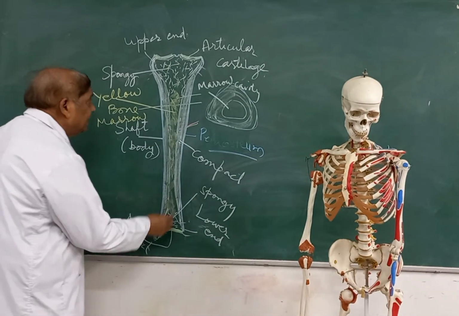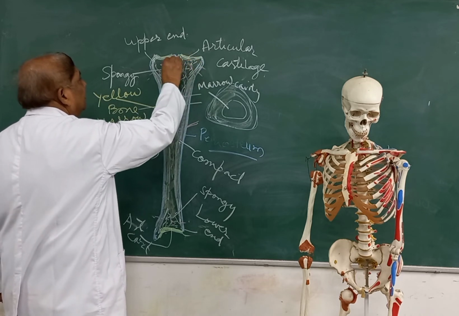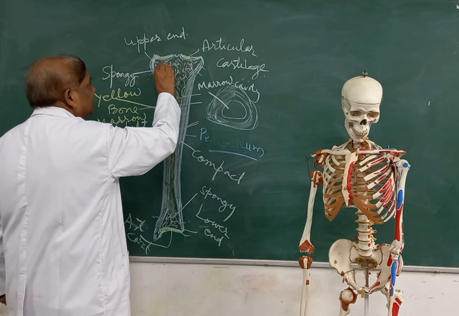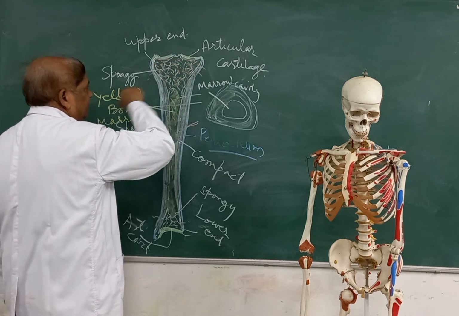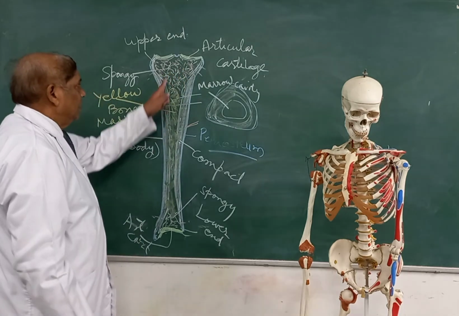At the ends where the spongy bone is present, surrounded by a very thin layer of compact bone, there are wide, sponge-like spaces formed by a network of rods and plates.